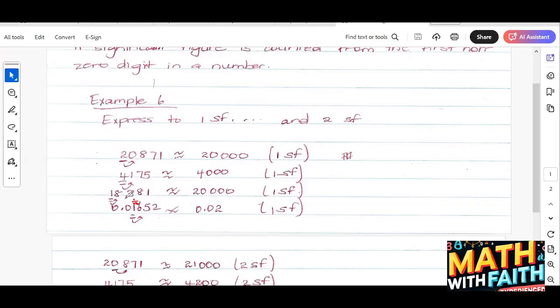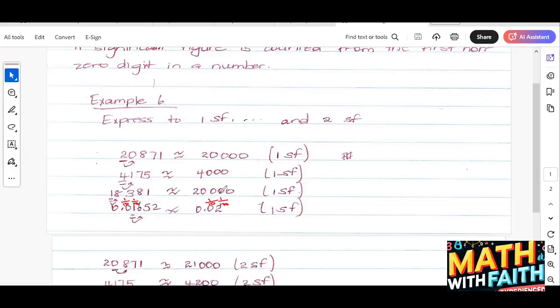Because the first column is the 10th column, 1 out of 10. The second column is the 100th column. For it to remain in the 100th column, we have to put the 0 for the 10th column. And now we put the 2 in the 100th column. So it's 0.02 to 1 SF.